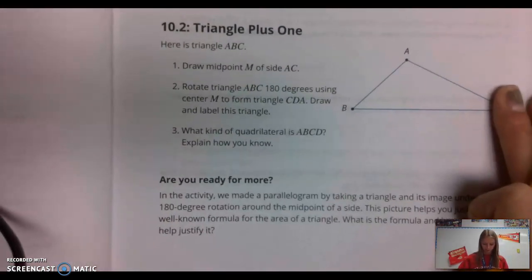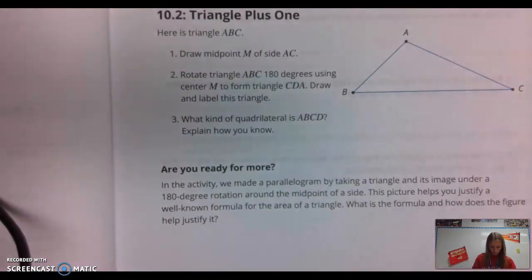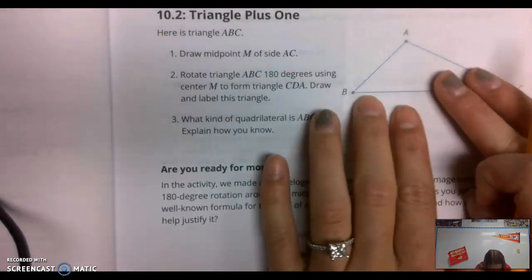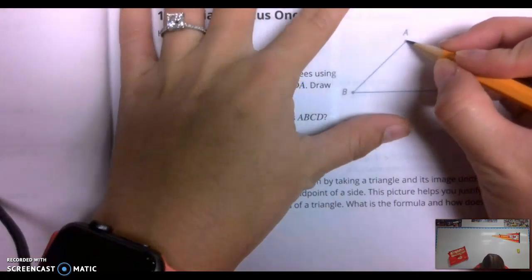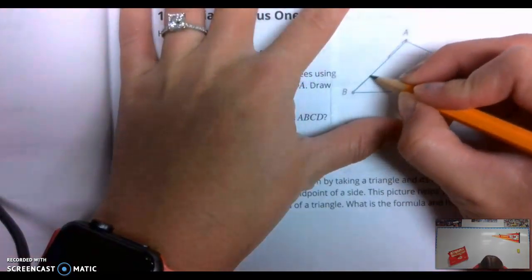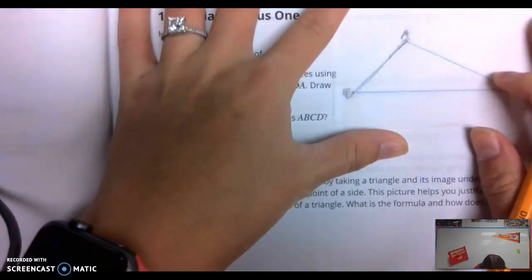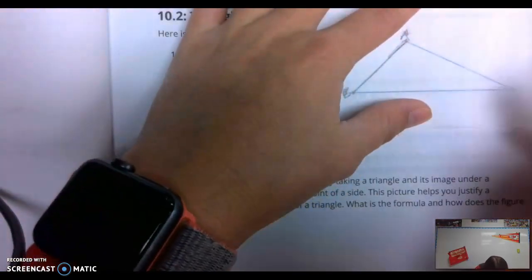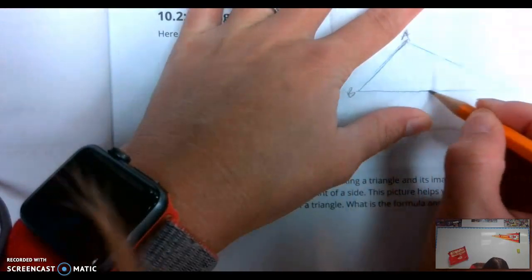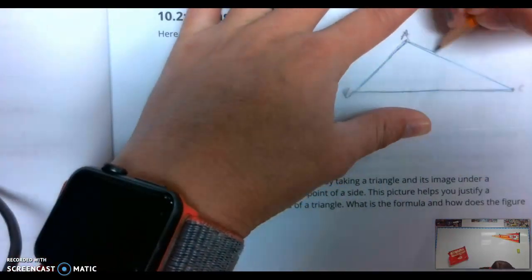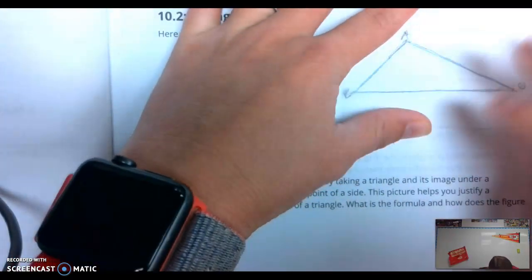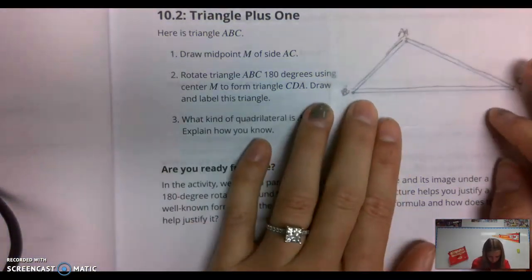Okay. Now down here it says triangle, draw a point on here. So I'm going to go ahead and draw that. A, B, C. Okay, so draw a midpoint M on the side of AC.